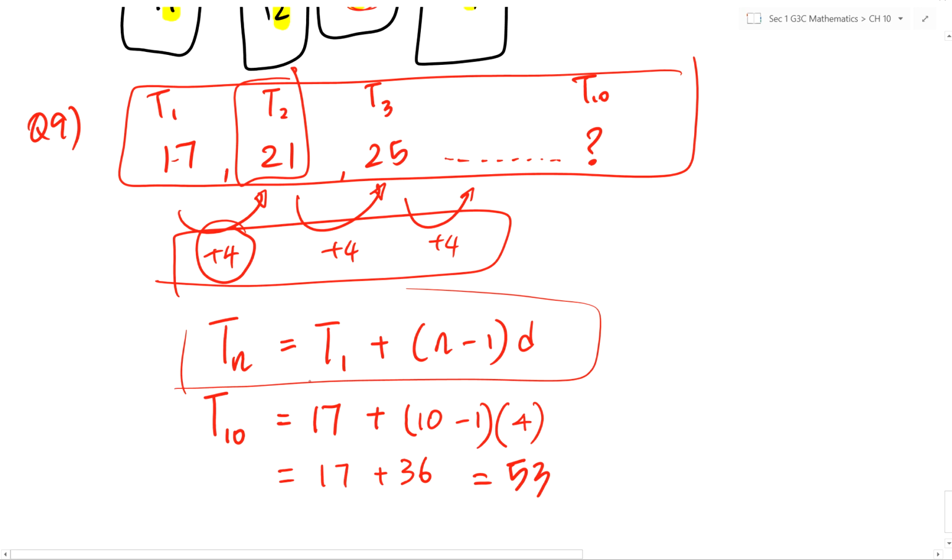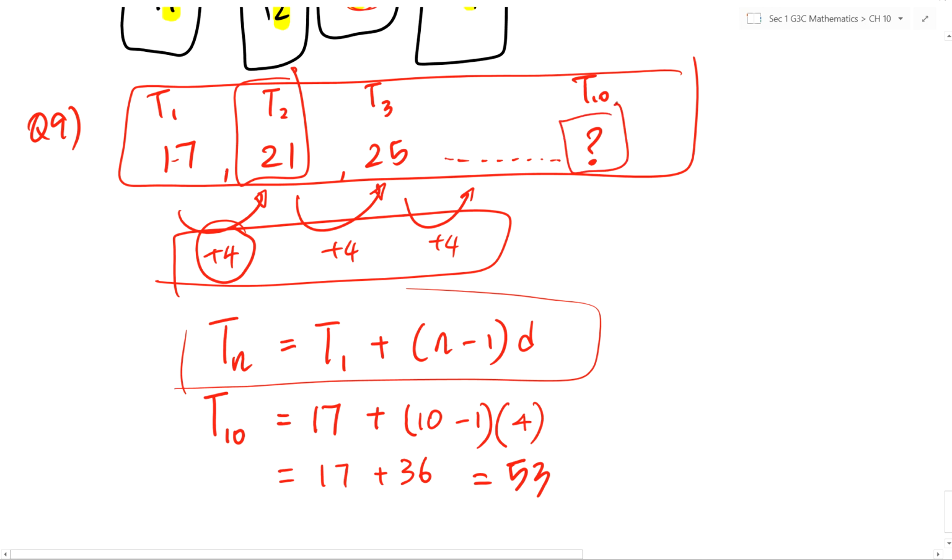Okay, so this is what we are saying. Term number 2 is term number 1 plus 1 time of the difference, 1 time of 4. How do I get 1 from term number 2? I just take 2 minus 1, I get 1, and so on and so forth. What does this actually mean for term number 10?